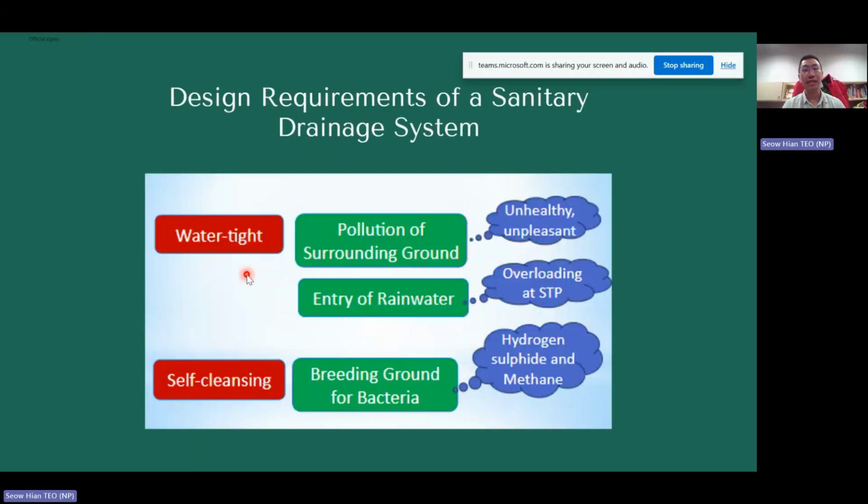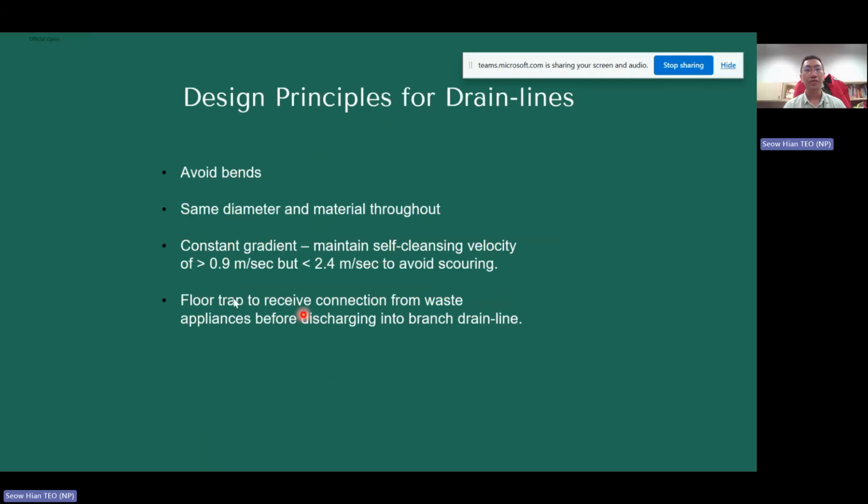So, water type, right? Pollution of the surrounding ground is unhealthy. If there is entry of rainwater, or too much entry of old water, then you will have some flood challenge. Self-cleansing: sometimes there is breeding of bacteria, so we use either hydrogen sulfide or methane to clean the bacteria. With that, drain lines should avoid as many bends as possible.